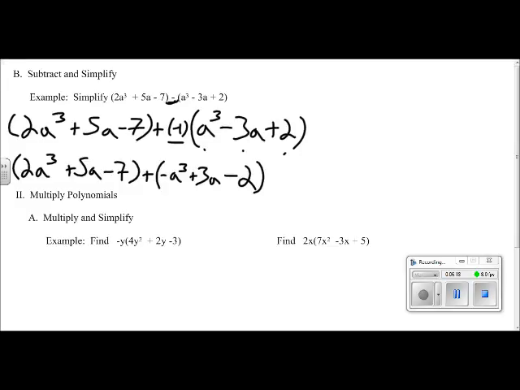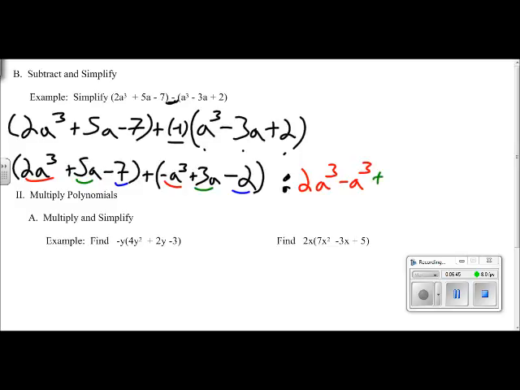Now that we have our polynomials in this form, we need to look at all of the terms individually. So we have our a cubed terms, our a terms, and our constant terms. The first ones we look at are the a cubed terms. We see that we have 2a cubed minus 1a cubed, or just minus a cubed.